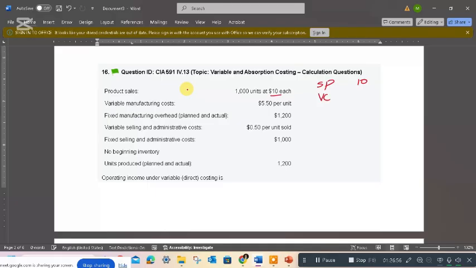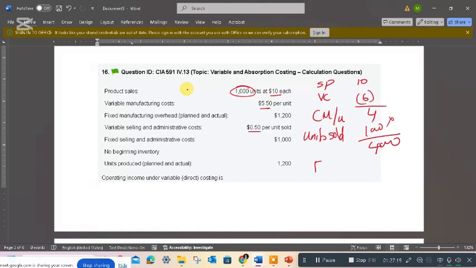Take all the variable costs one by one. Manufacturing cost 5.5. Selling and administration cost 0.5. That's all, 5.5 and 0.5, $6. Get the contribution margin per unit, $4. Units sold, 1,000.